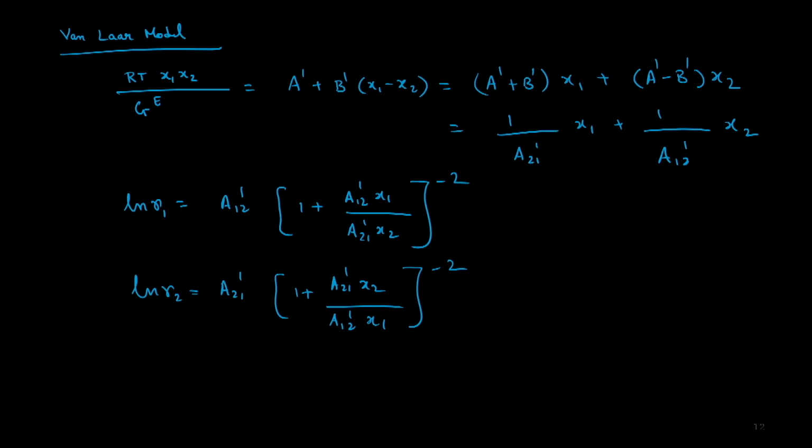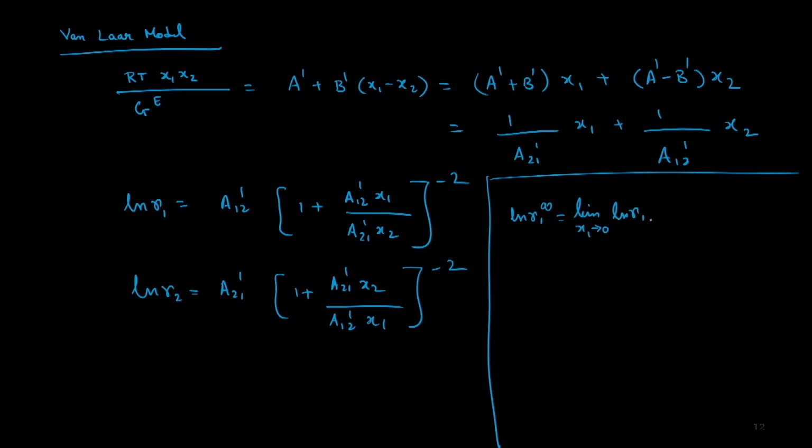And if I want to know what the infinite dilution activity coefficients are, ln gamma 1 infinity will be the limit of x1 going to 0 of ln gamma 1, and for that quantity, if I put x1 to be 0 and x2 to be 1 in this particular equation, what I get is simply A12 prime.